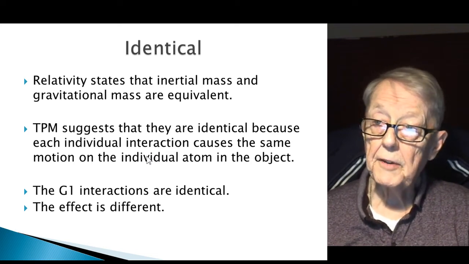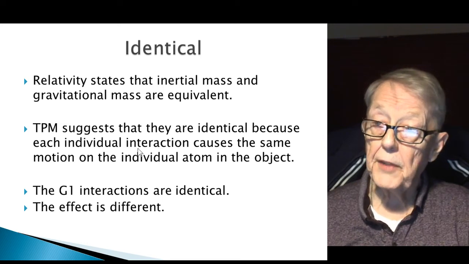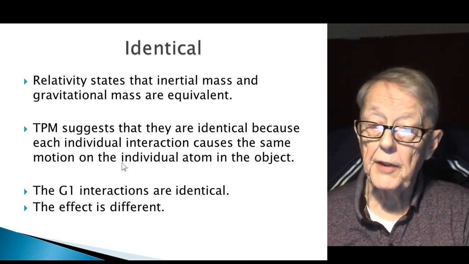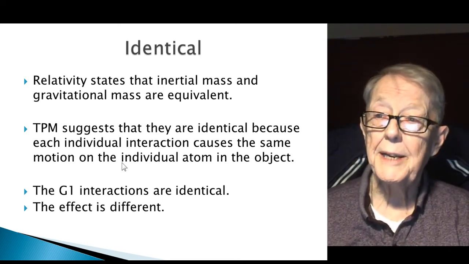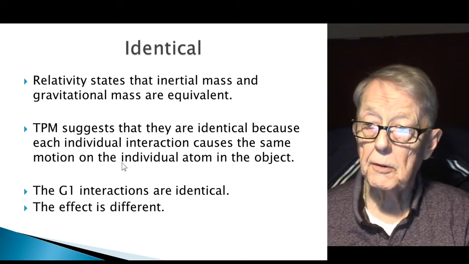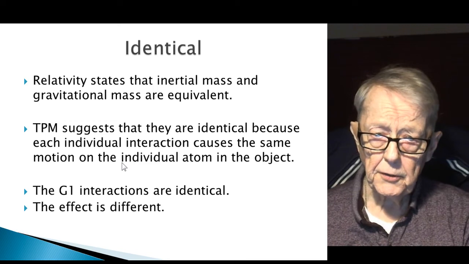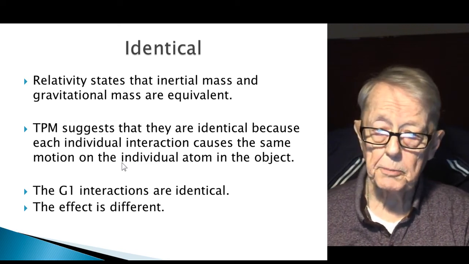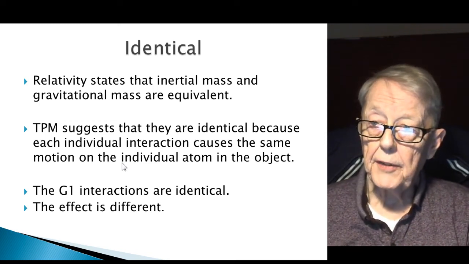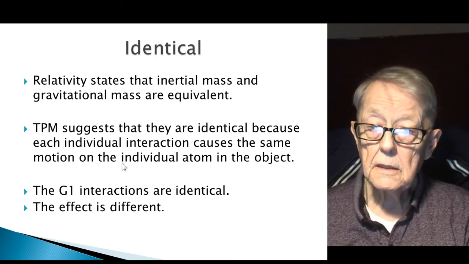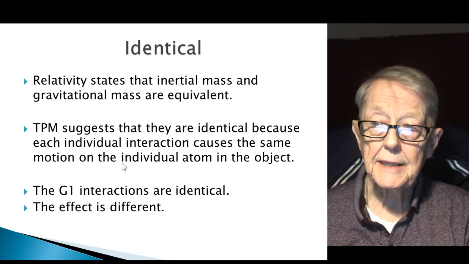The overall net effect is different because when you're on the Earth, you have a net force of gravity caused by an imbalance of the G1 particle field. That's because the Earth is there. With the Earth there, you have fewer G1 particles pushing up, so the interactions are identical, but the source of what's pushing is not.